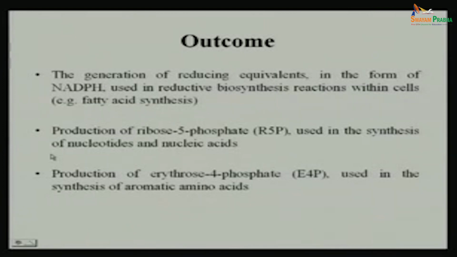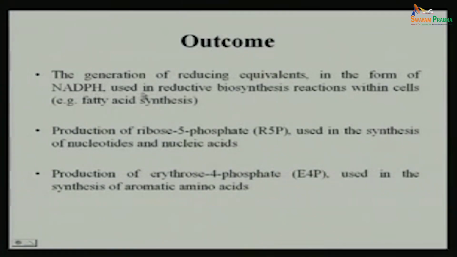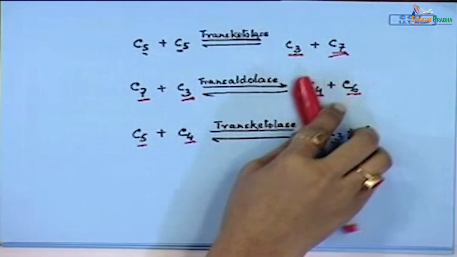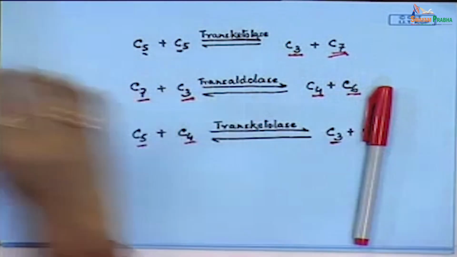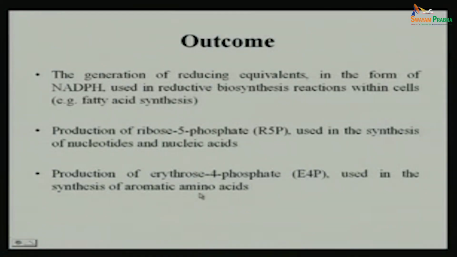So if we sum up, what are the outcomes of this PPP pathway, that is the pentose phosphate pathway? The generation of reducing equivalents in the form of NADPH used in reductive biosynthesis reactions within the cell, production of ribose 5-phosphate used in the synthesis of nucleotides and nucleic acids, production of erythrose 4-phosphate, this 4 carbon sugar, which is acting as the precursor for the synthesis of aromatic amino acids.